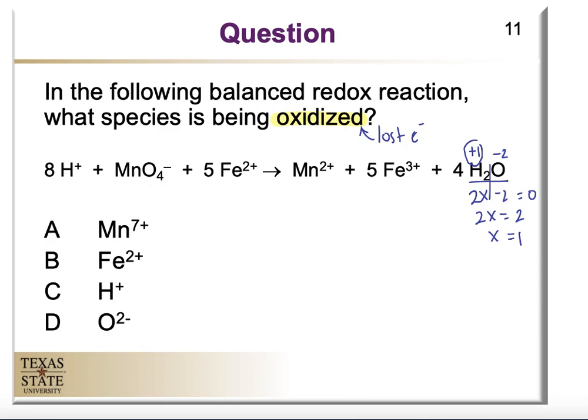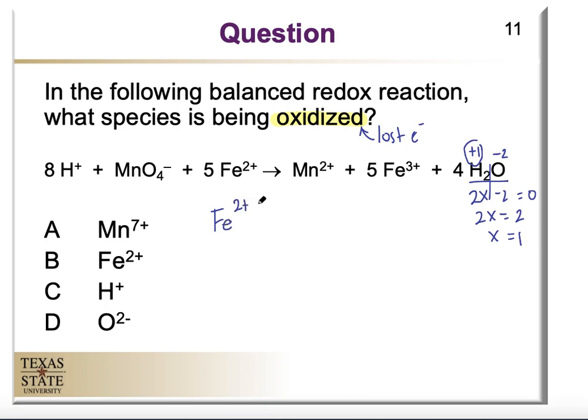All right, guys, so the way that I did it, I went ahead and looked at everything possible. But the next thing that was easiest for me to look at was my iron. Notice that I have iron as a charge of +2, which means that its oxidation number is +2. I also have iron here as a +3. That means that it changed. And so I want to write down and see, did it gain or did it lose electrons? The way that I usually do it is that I just write it here.